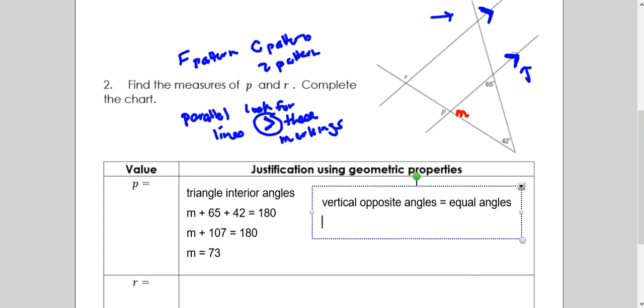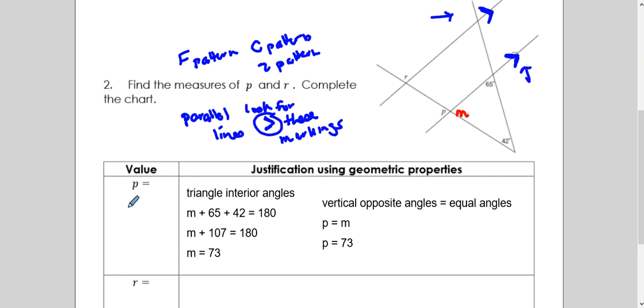Therefore, P is equal to M. Therefore, P must equal 73 degrees. Okay, so that's some thinking that goes with that. So we found out that this was 73. We found that out as 73.